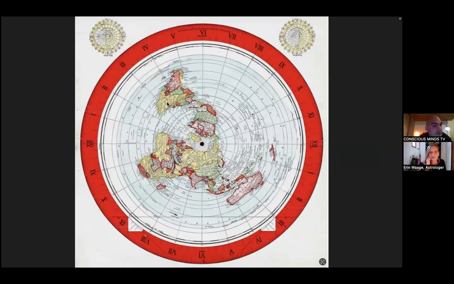So once the sun gets to this line, this is when it would be noon for you. So for example, this would be the MC. And then this line directly opposite here would be your IC.